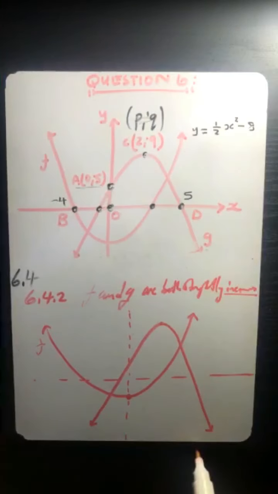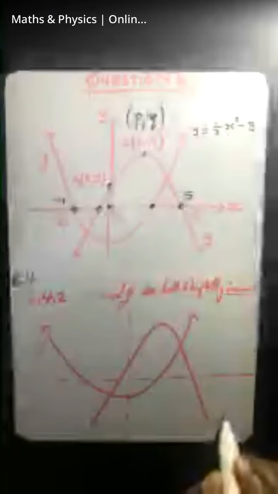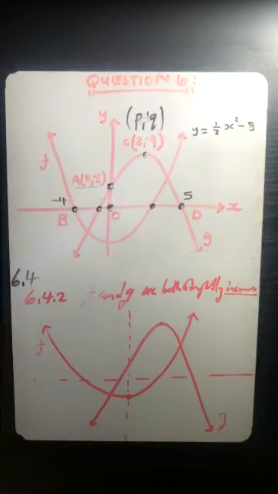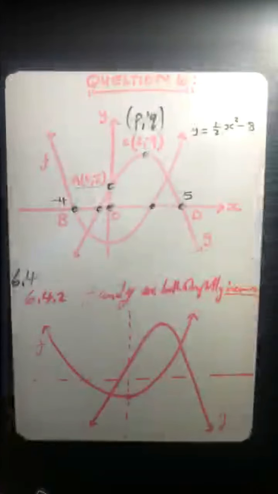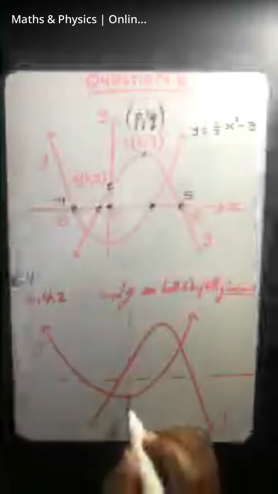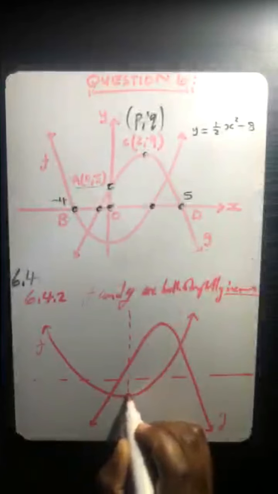I'm going to help you answer this question through these questions. At which point is the graph of f starting to increase? At the turning point, I think. Yes, you are correct. At the turning point, which is that point there.